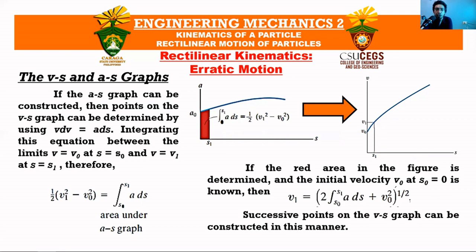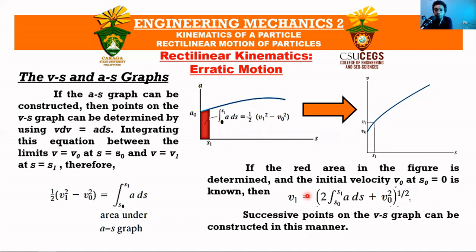If the red area in the figure is determined, and the initial velocity at the initial position is known, then you have this equation, and successive points on the VS graph can be constructed in this manner.